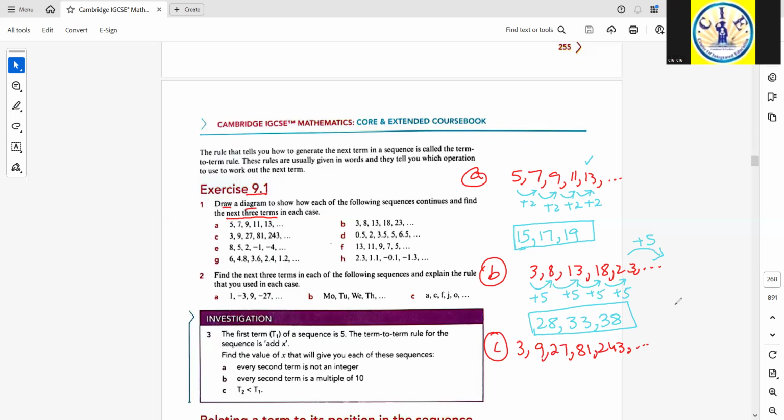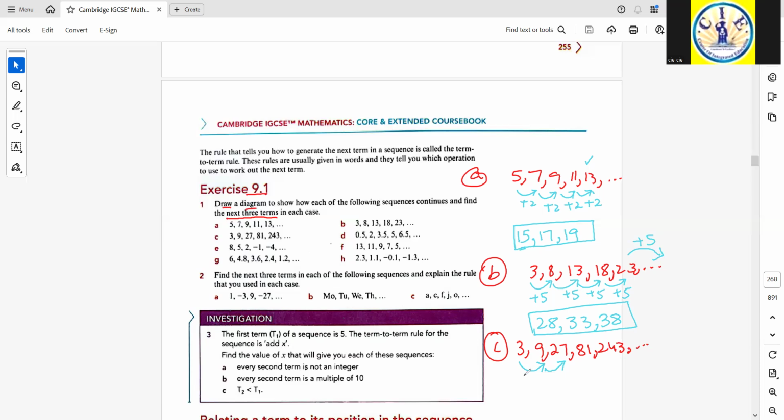We see that the next term in this case is not got by adding something, because if you compare these two consecutive terms, one after the other, so if you get 9 by adding 6 to 3, you cannot get 27 by adding 6 to 9. So that means there is some other rule that is being applied over here.